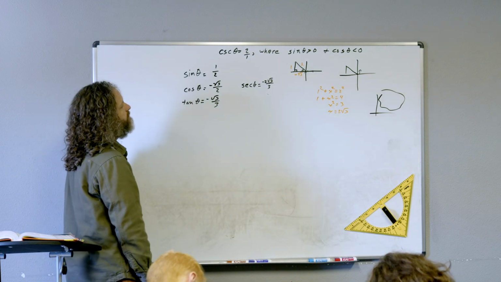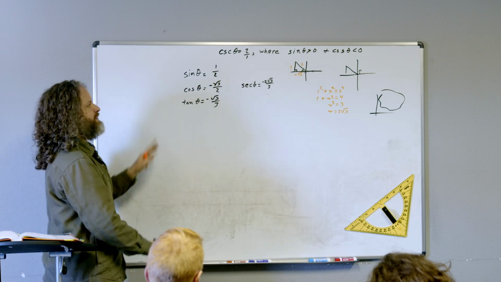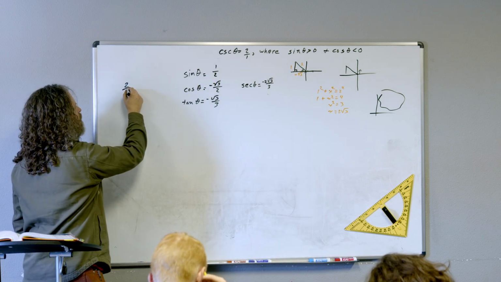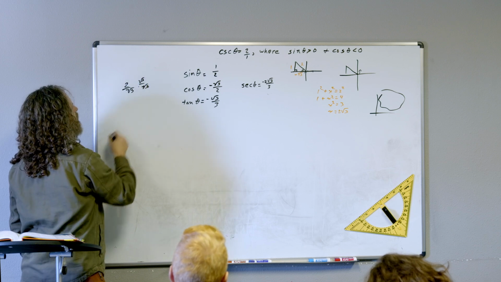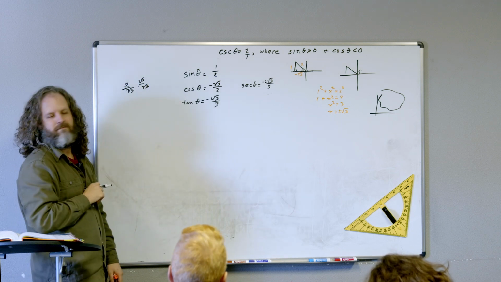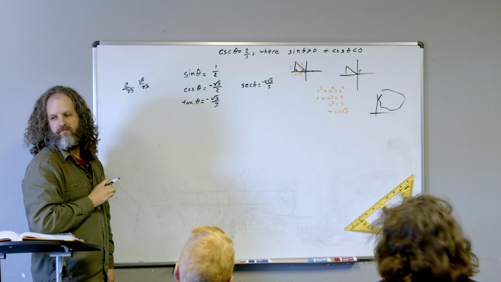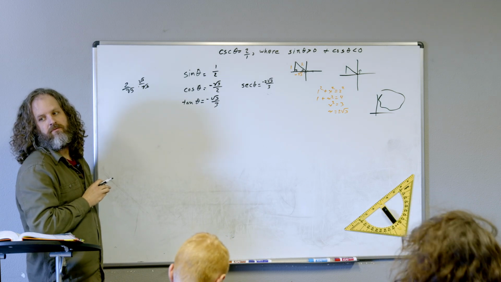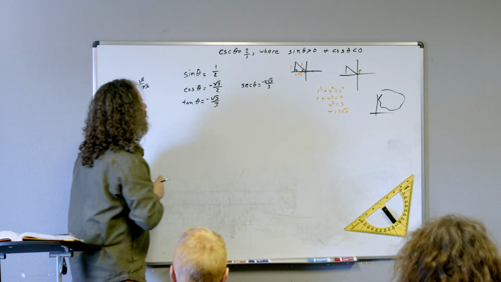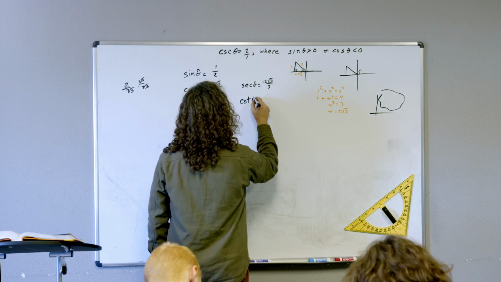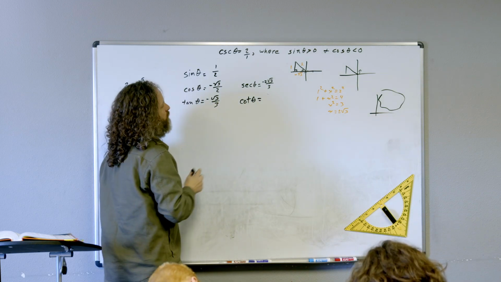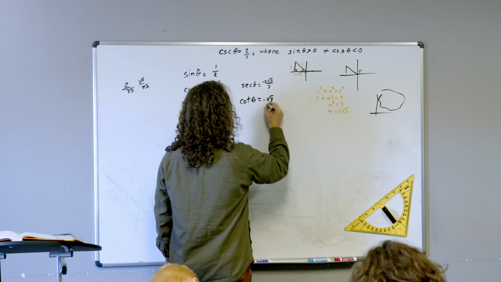It's this flipped over, rationalized, right? So 2 over the square root of 3, and then square root of 3 over square root of 3. So, you have the reciprocal. And then the cotangent of theta would just be negative square root of 3.